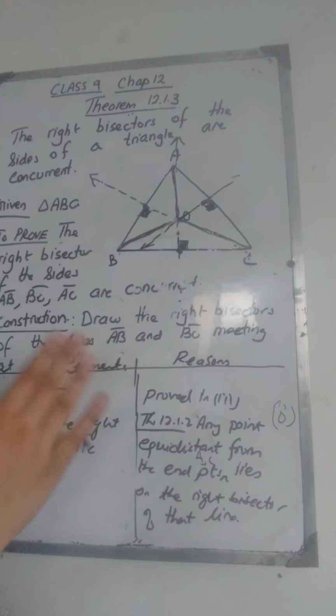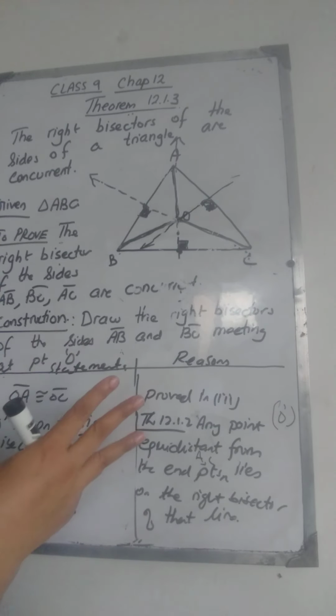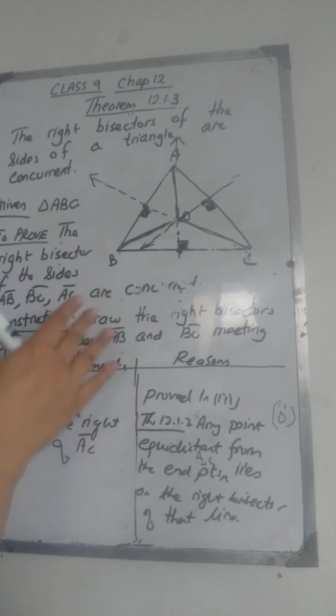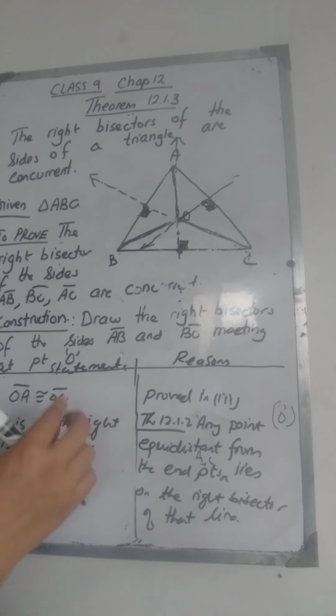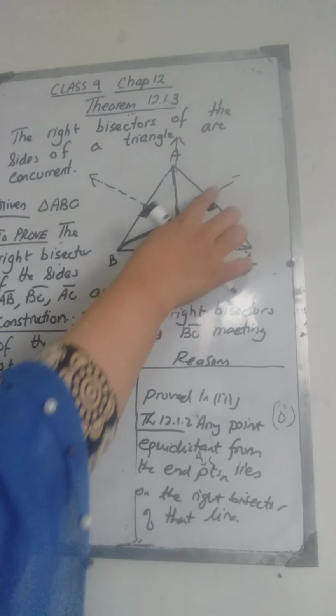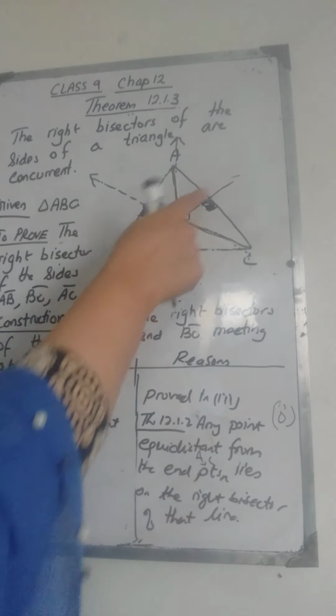Now point O was the point of intersection of the first two right bisectors. Also we have proved that the third right bisector passes through O. It means that all these right bisectors are going to be concurrent, that is, they intersect each other at the same point.